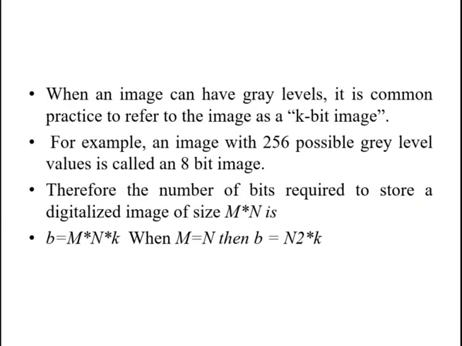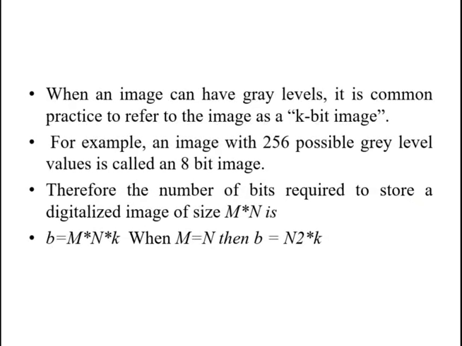When an image can have 2 raised to k gray levels, it is a common practice to refer to the image as a k-bit image. For example, an image with 256 possible gray level values is called an 8-bit image. Therefore, the number of bits required to store a digitized image of size m by n is b equal to m times n times k, where when m is equal to n, the equation becomes b is equal to n squared k.